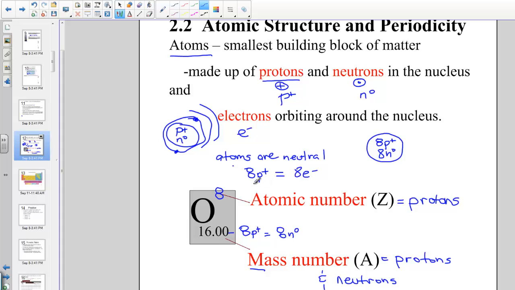The positive charges must equal or balance out the negative charges because atoms overall are electrically neutral. And so I can feel that the positives and the negatives will balance to be 0. So 8 protons also tells me that I have to arrange 8 electrons in a very ordered fashion around the nucleus.